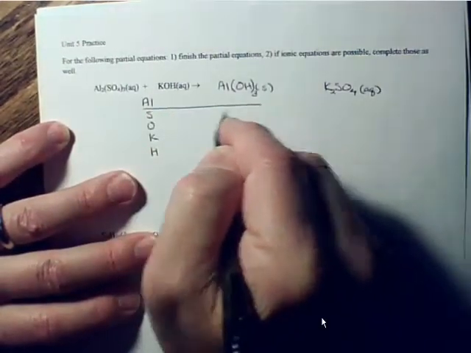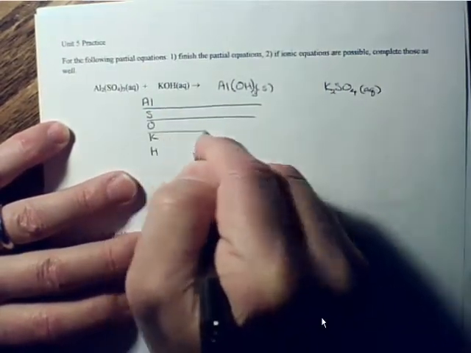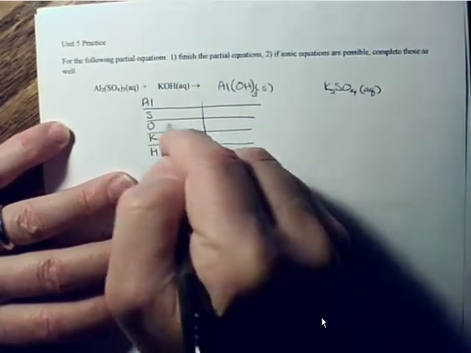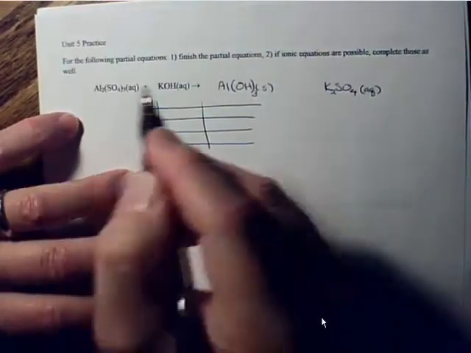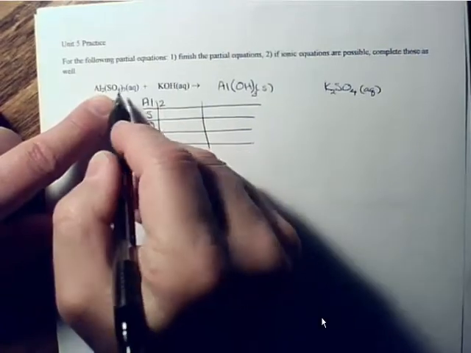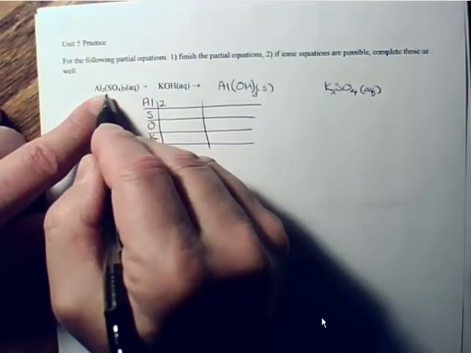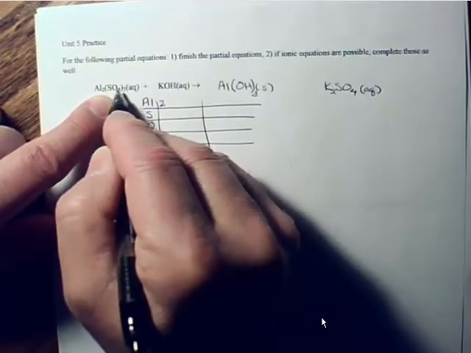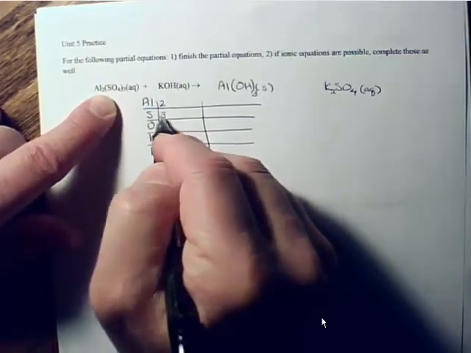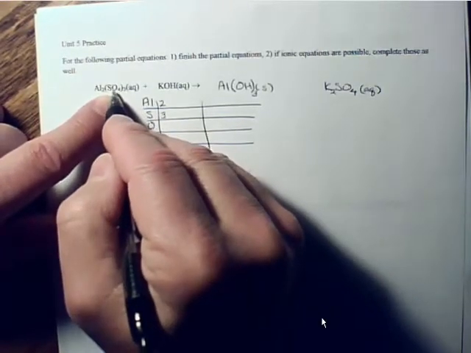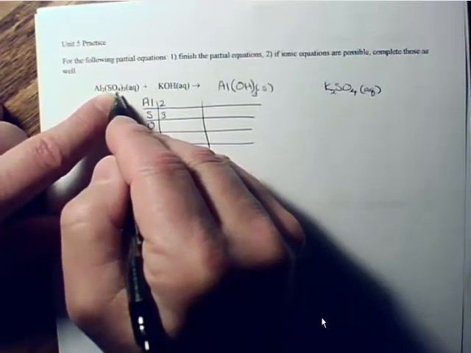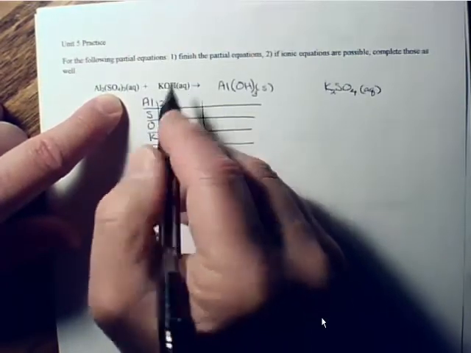And we're going to do an atom inventory. I've got 2 aluminums. This 3 outside the parentheses means I have 3 times the 1 sulfur. I have 4 oxygens here times that 3. That's 12 plus 1 more over here.